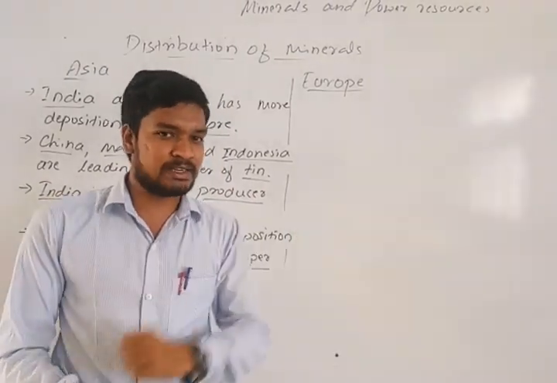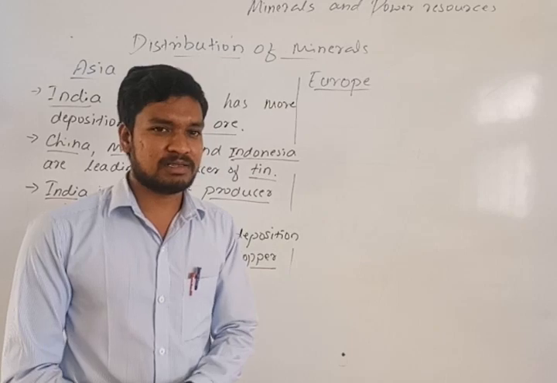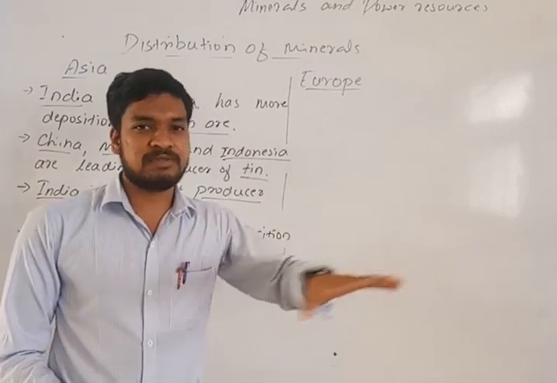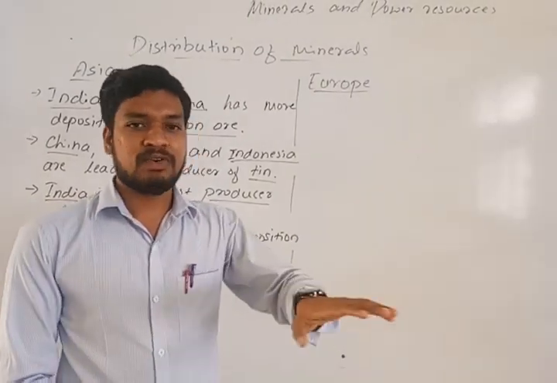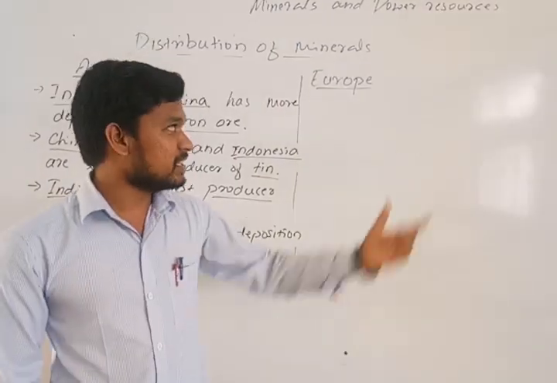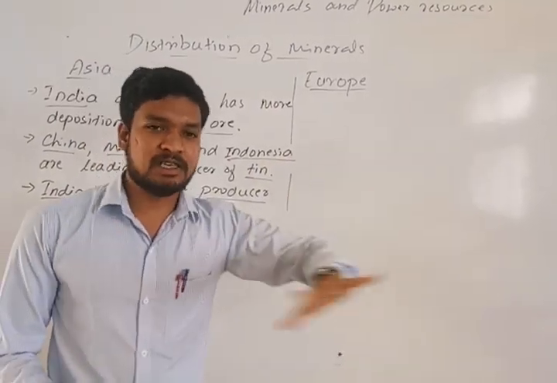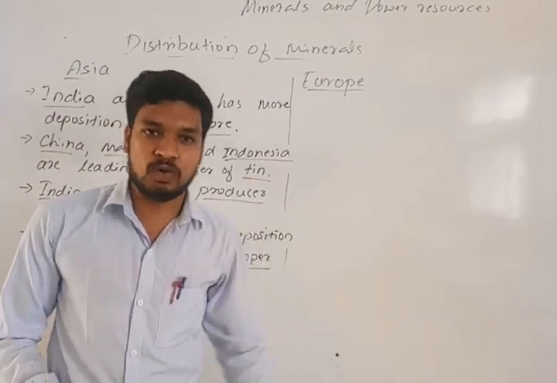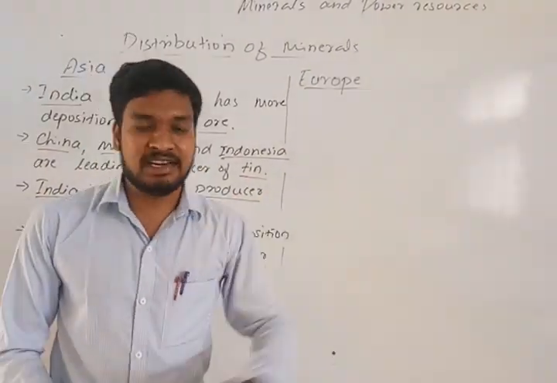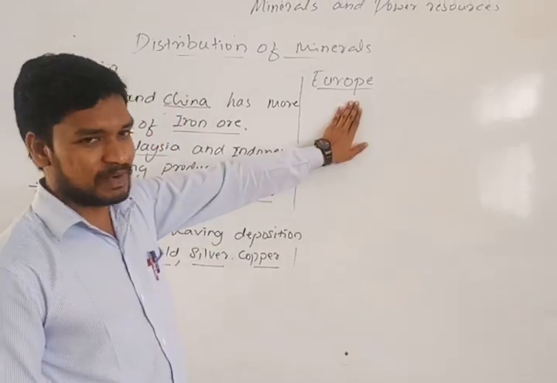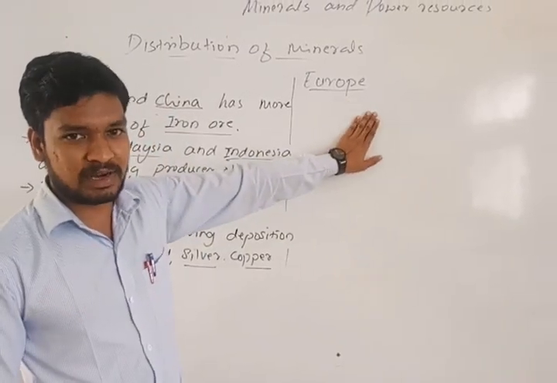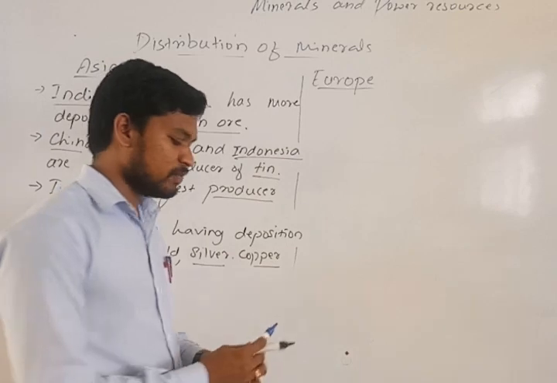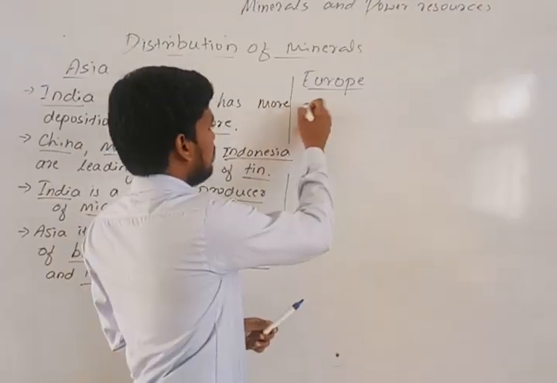It's not taken out yet because the places are not yet found, and we don't have the particular technology there. But in Europe, every place which had deposition of minerals has been extracted, and they are producing more and exporting to other countries. So the Europeans are the leading producers of iron ore.